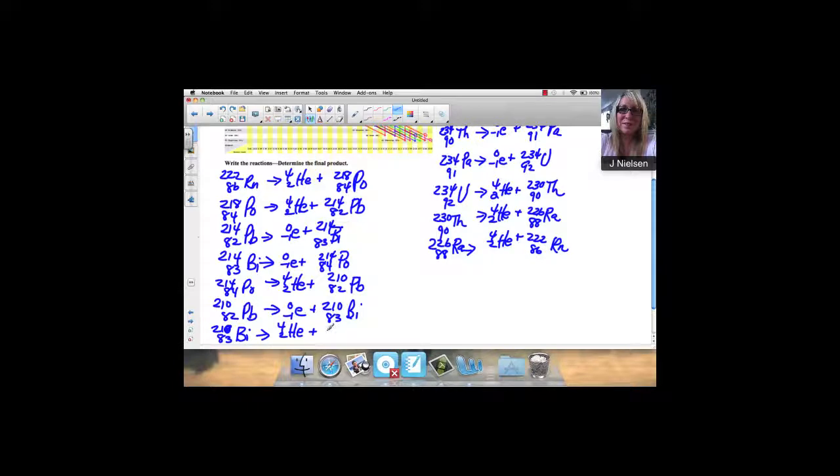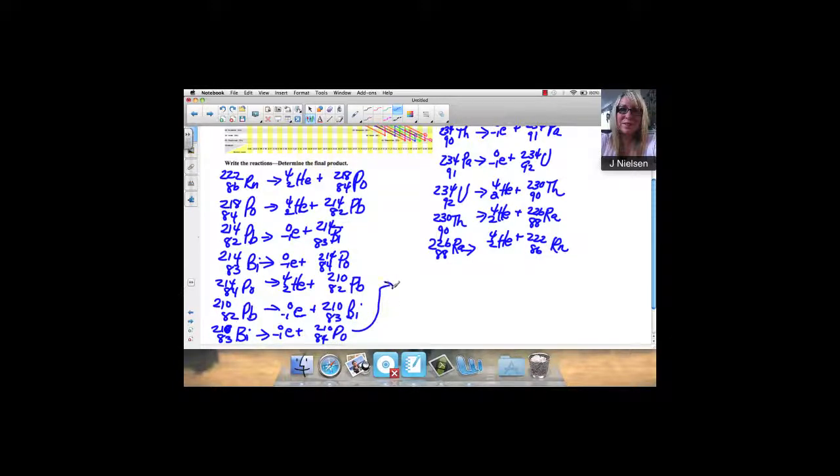oh, my mistake, it was not alpha. Jumping the gun here. That was beta again, and that's going to produce 210, 84 polonium.